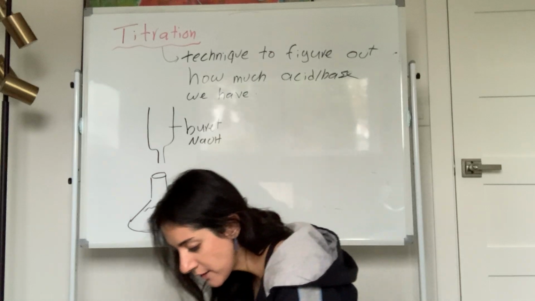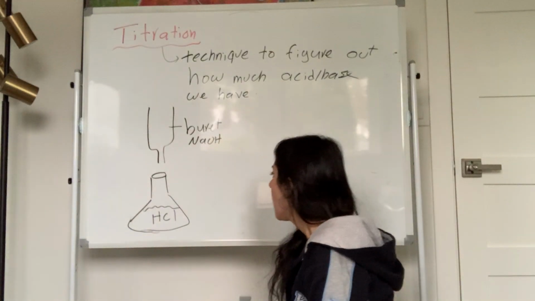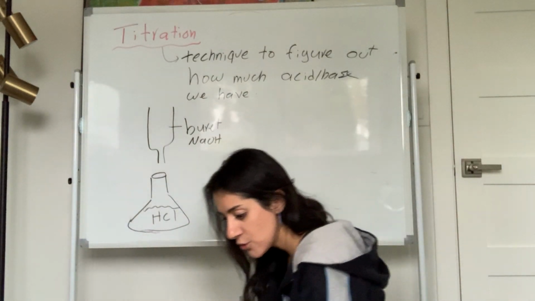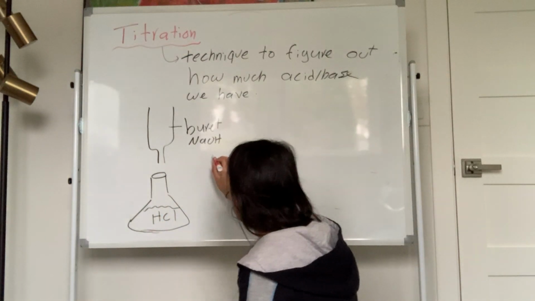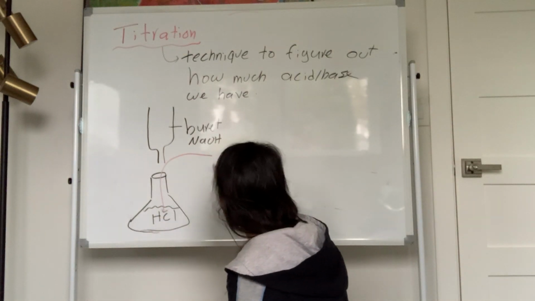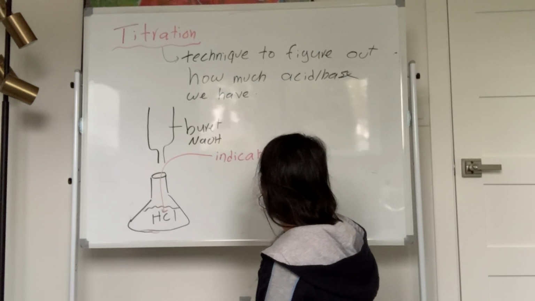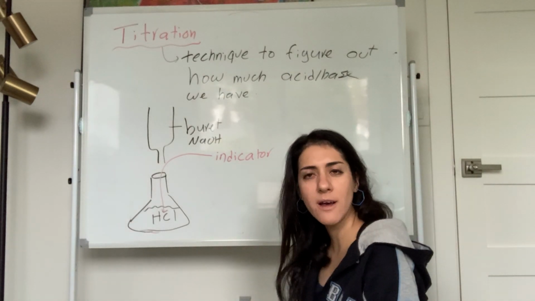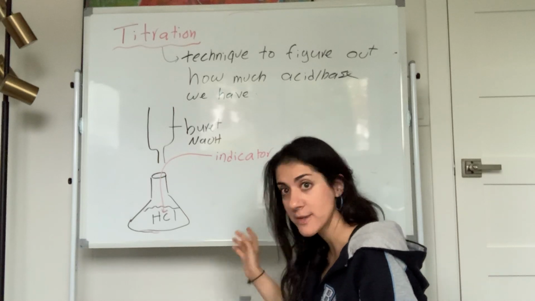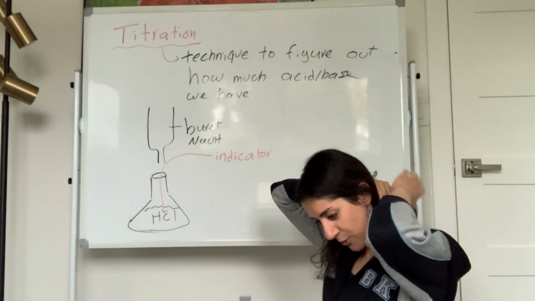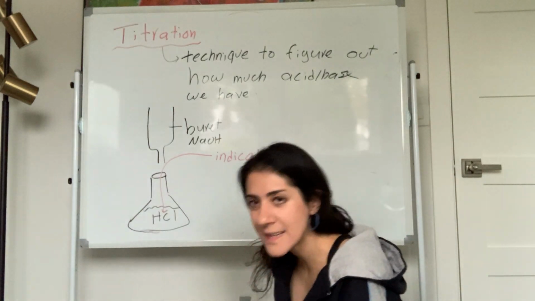Now the one other piece of reagent that you need is an indicator. I have to add here an indicator. Usually we use phenolphthalein in lab. I'm not going to try to spell it out, but you need an indicator. But what's an indicator?